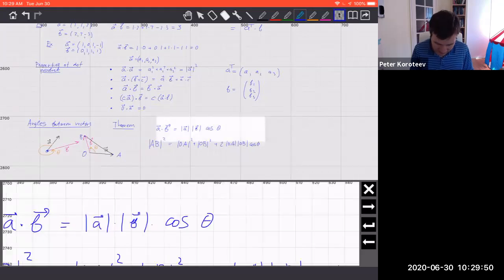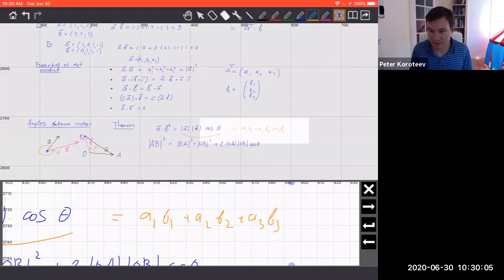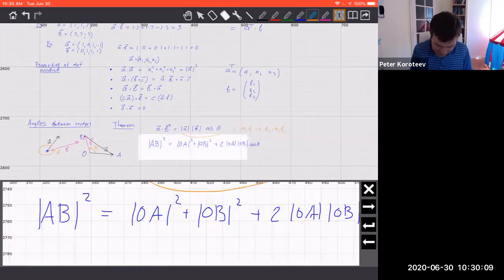So that is also equal to A1 B1 plus A2 B2 plus A3 B3. Both are true at the same time. Yes, Julian, I believe it's called the law of cosines. And then you just need to rewrite this in terms of vectors, right?